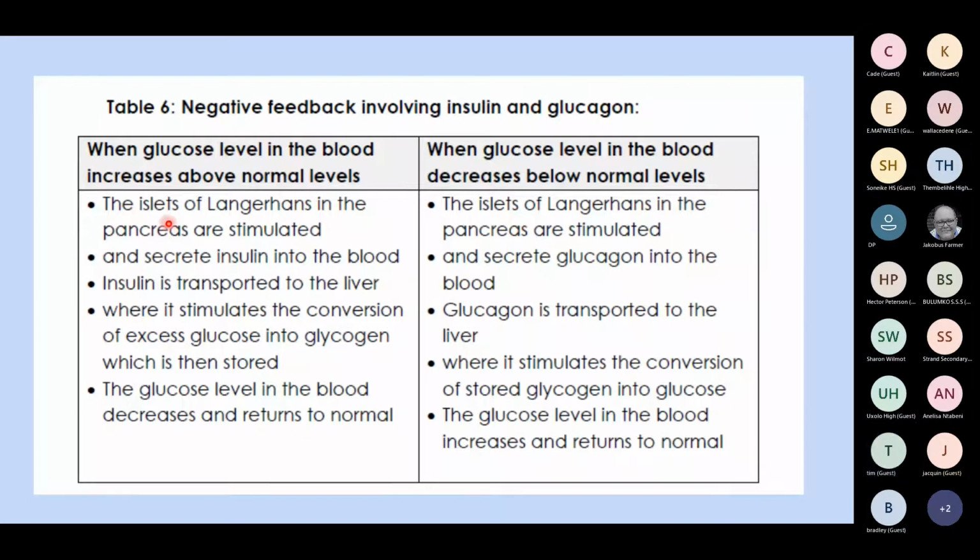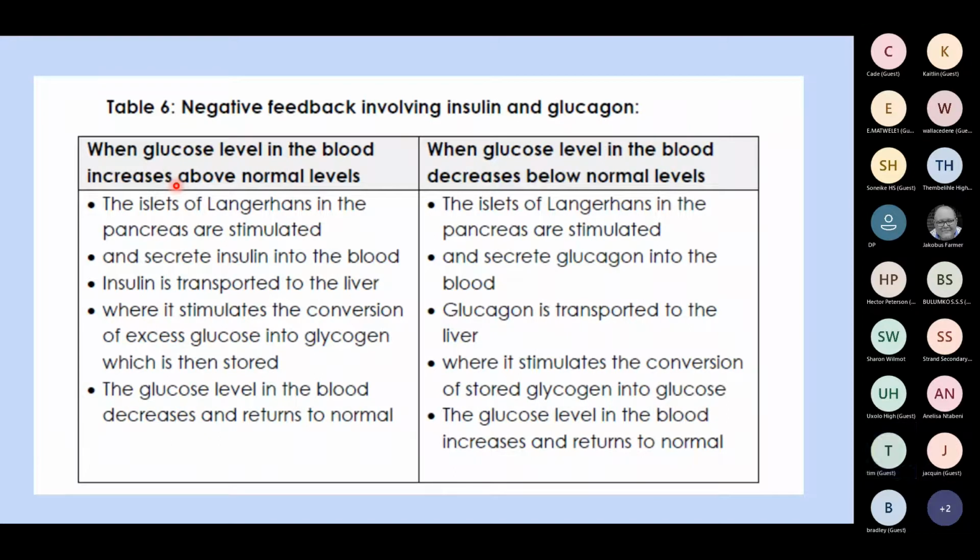I want you to highlight, while we are busy with this, table number 6 in your booklet, because there are key things that you need to understand and need to be able to write down when you are asked these questions. So when glucose levels have increased, which control center?